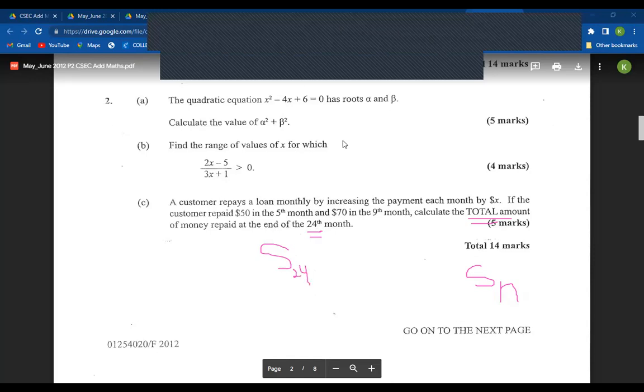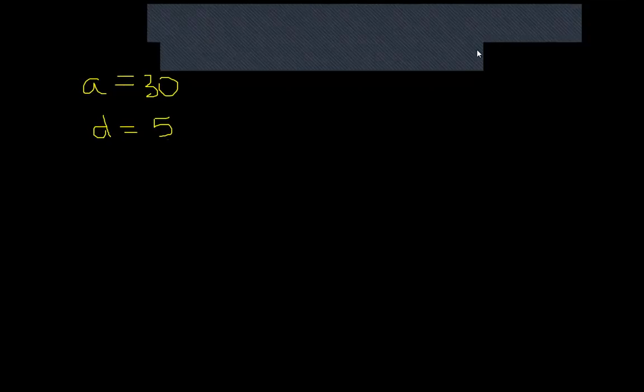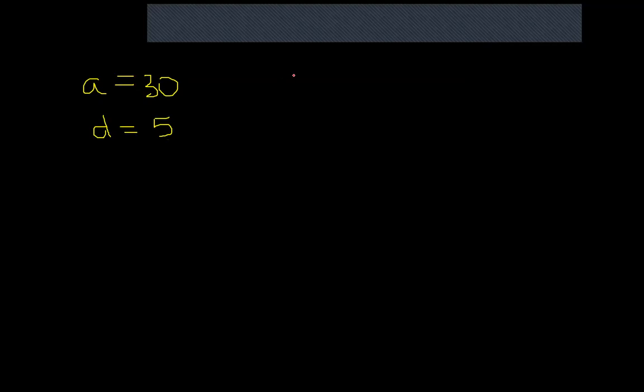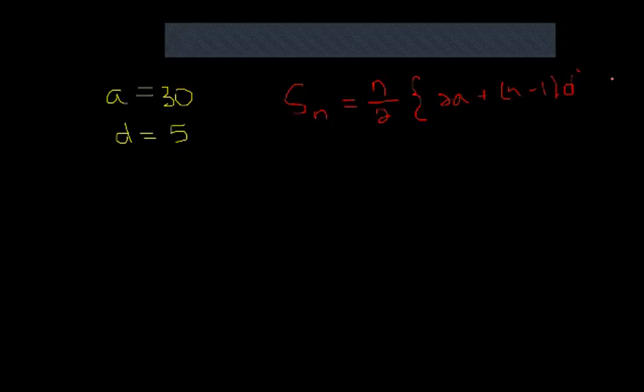Back to the black screen. Since this is an AP, we know the formula to find the sum of the first n terms is Sn equals n on 2, open bracket, 2a plus n minus 1 times d, close bracket.